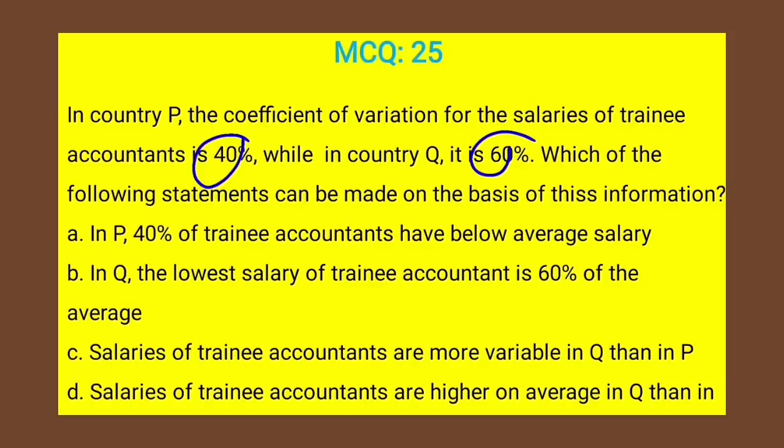And most of the time we use this for investment purposes. In business science, if you want to know whether a particular investment undertaking has high returns and whether the level of risk is high or low, you can determine that based on the coefficient of variation. If you have a high standard deviation, then that investment has higher risk.